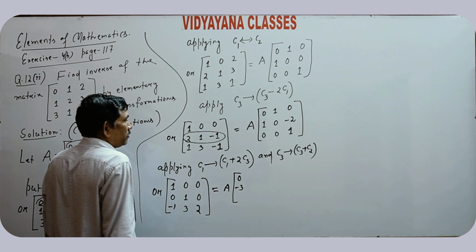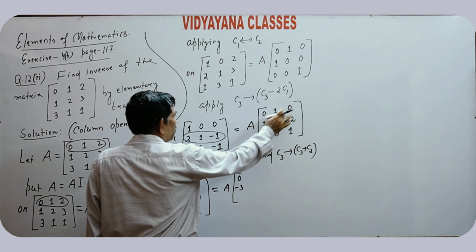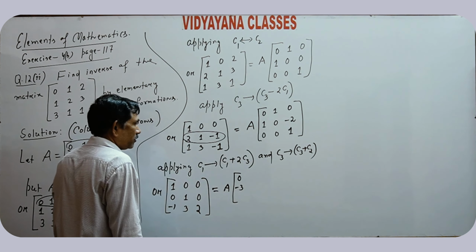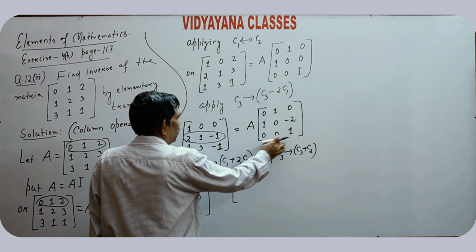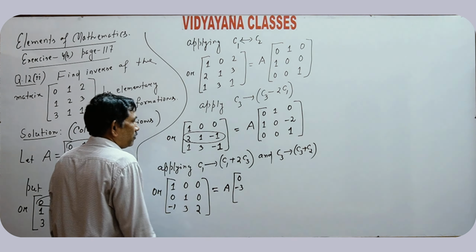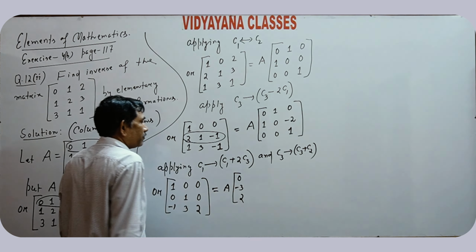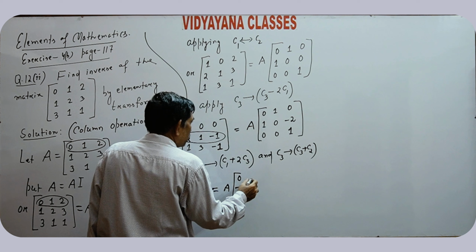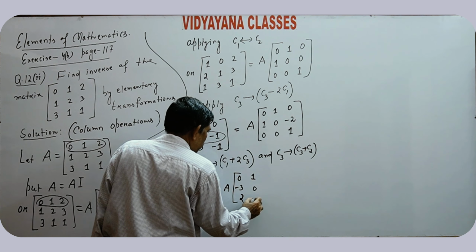Column 1 is replaced by 0 plus 2 times of 0, 1 plus 2 times of minus 2, that is minus 3, 0 plus 2 times of 1, that is equal to 2. No change of column 2: 1, 0, 0.